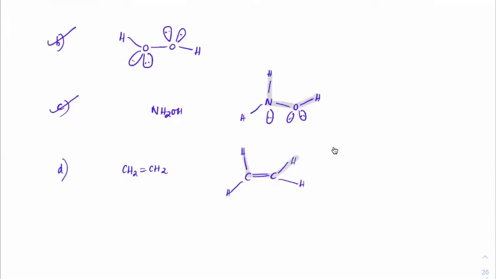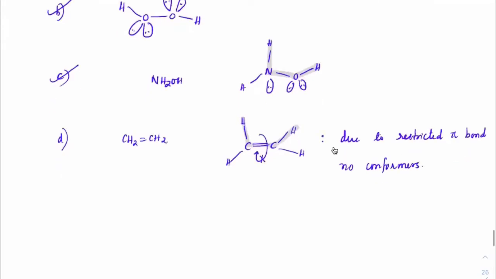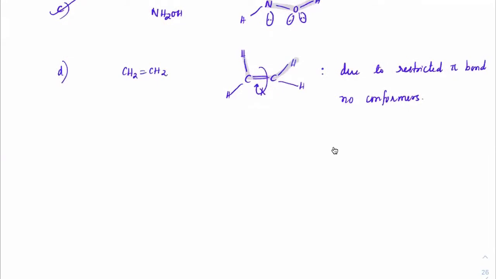Because of the pi bond, the rotation is restricted, so you cannot rotate the bond. Only in sigma bonds can you make the bond rotation. So here, due to the restricted pi bond, no conformational isomers, no conformers are formed if you have any double bond.